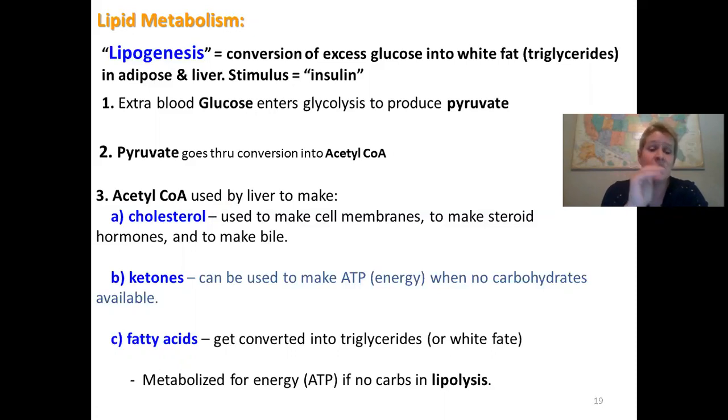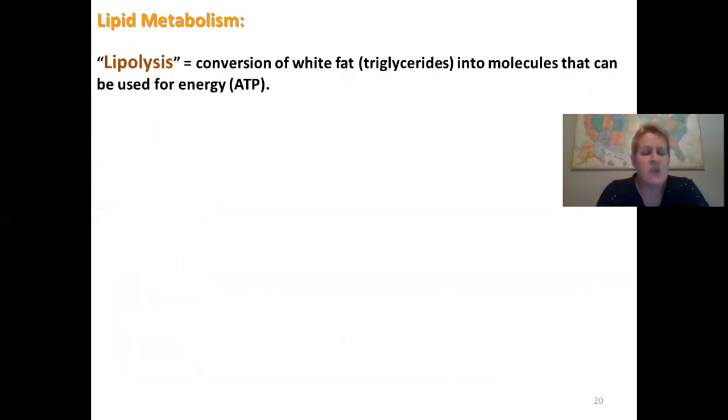Gluconeogenesis, making glucose from a novel source like fat, because glucose creates fat. You can take fat and turn it back into glucose. All right, the body does not waste a thing. Okay, so that's making fat from extra glucose, and it can go backwards. So breaking down fat is just the reverse of the previous slide. You're just going up, okay?